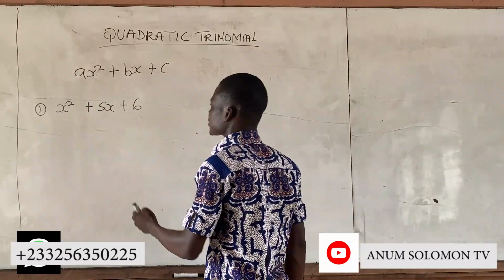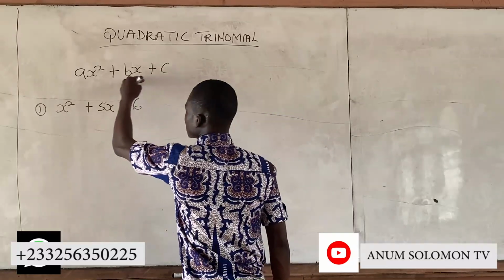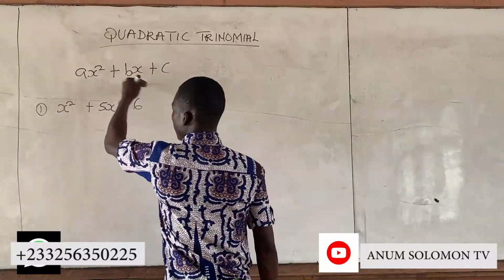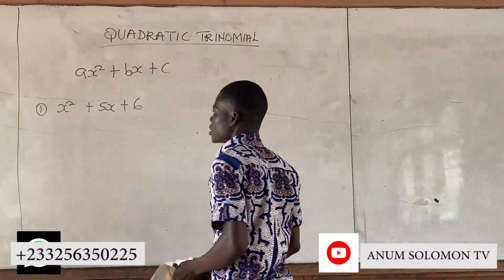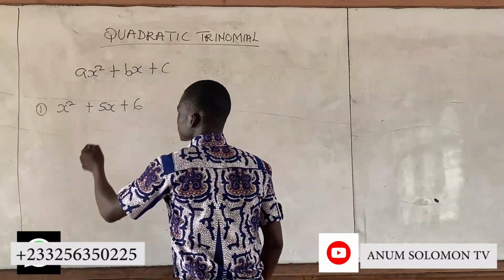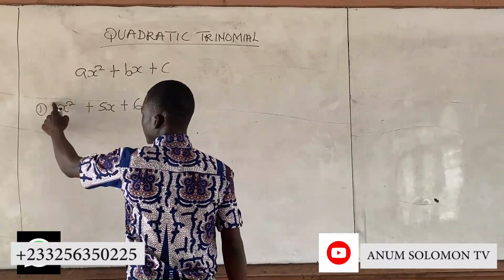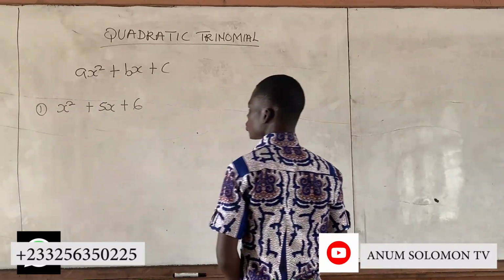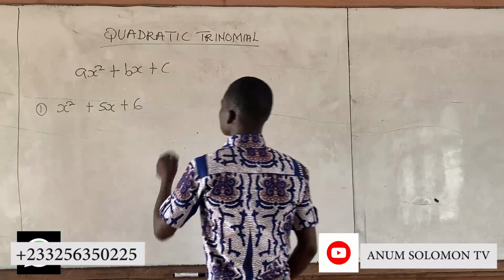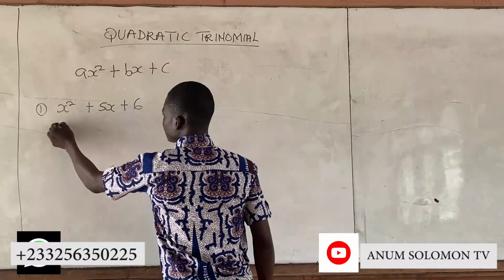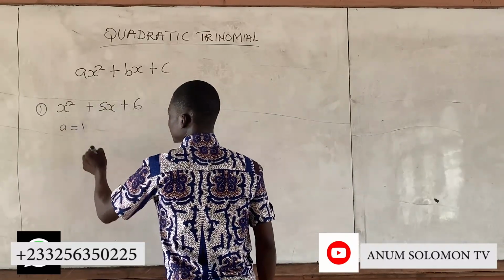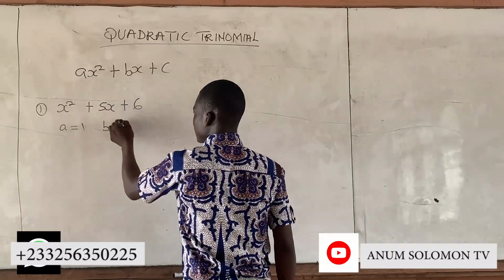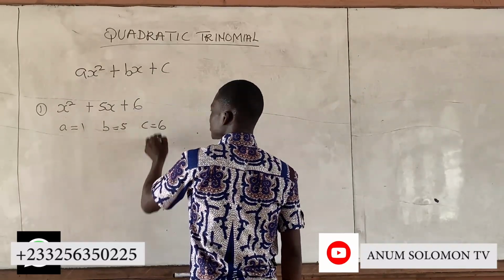So now let's compare the general quadratic trinomial to this given problem. By comparison, we can clearly see that the coefficient of this x squared is 1 and the coefficient of this x squared is a. So on this note, we can say that our a is 1, our b is 5, and c is what? 6.